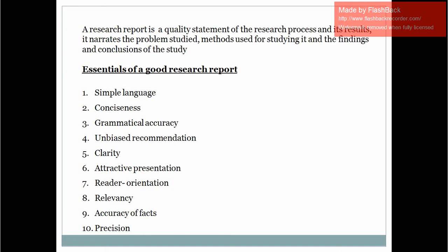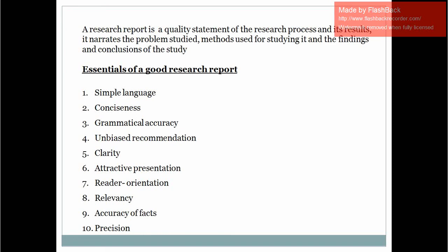Next point is accuracy of facts. Information contained in the report must be based on accurate facts. Since decisions are taken on the basis of report information, inaccurate information or statistics will lead to a wrong decision. It will hamper achieving the organizational goals. So, in a research report, accuracy is very important.